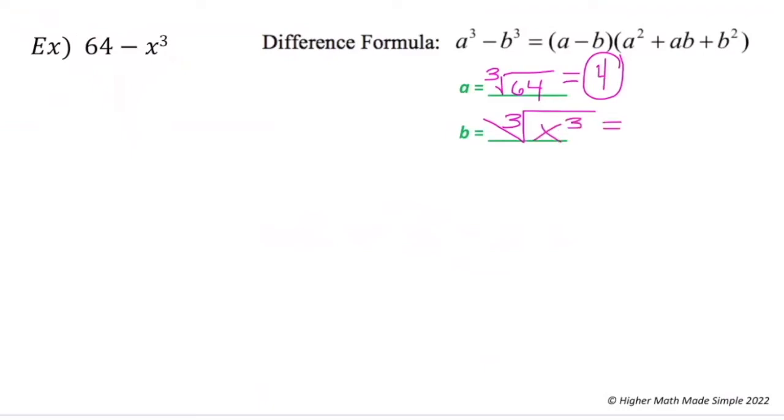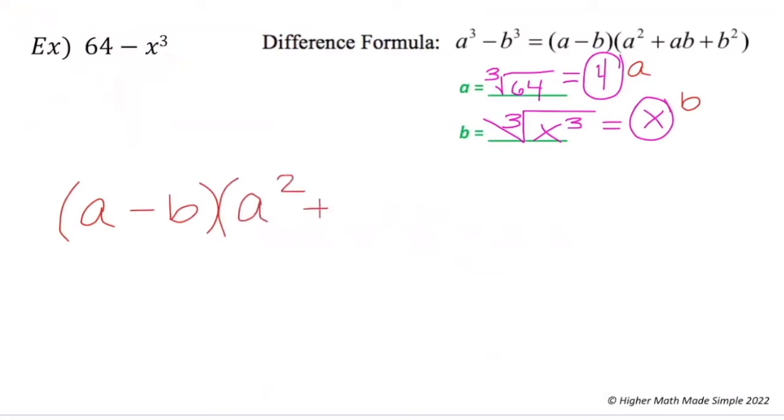So what times itself 3 times gives me x to the third? X. X times x times x is x to the third. Okay, so again, note which one is A and which one is B, because it does matter. And now notice it's a very, very similar formula, but now instead of plus minus plus, it's minus plus plus.